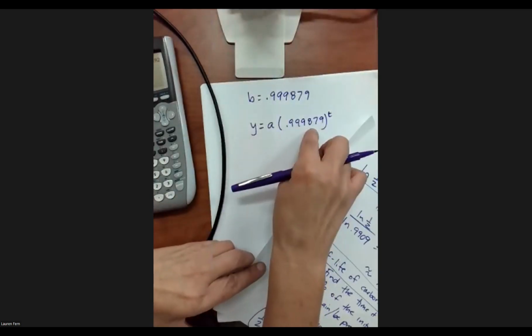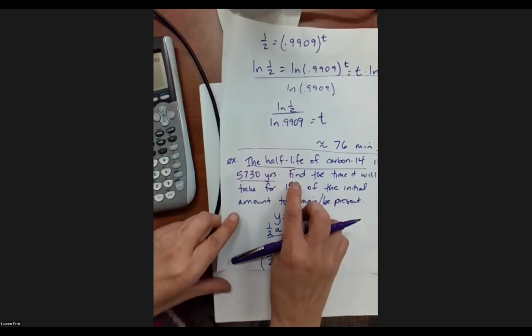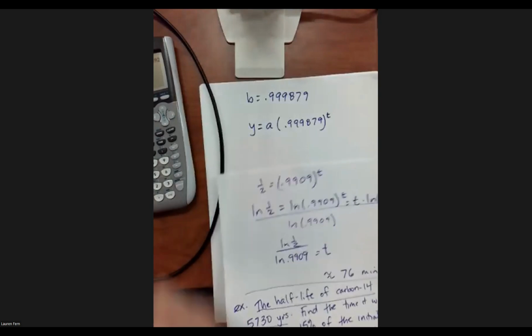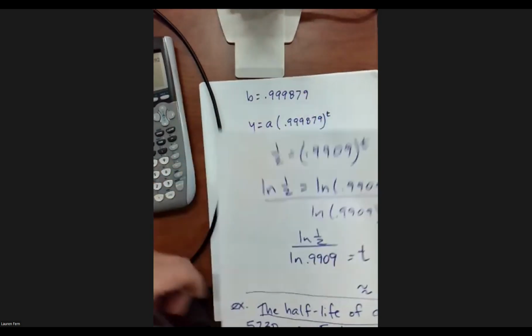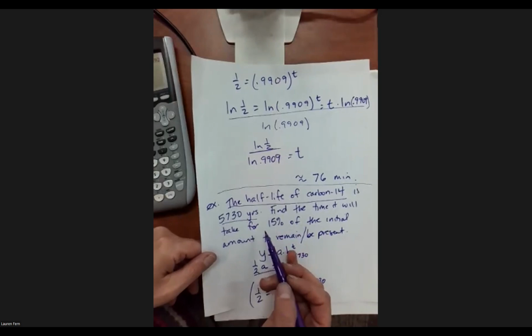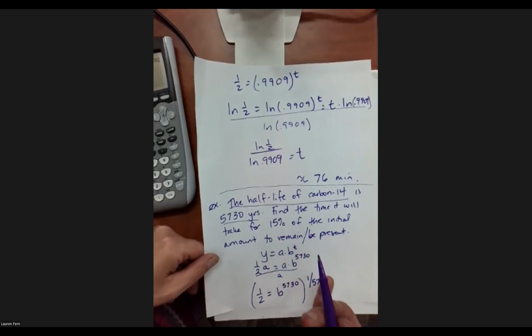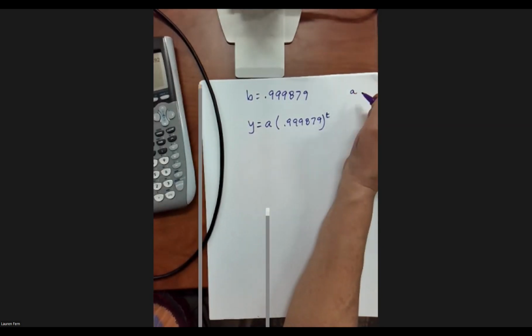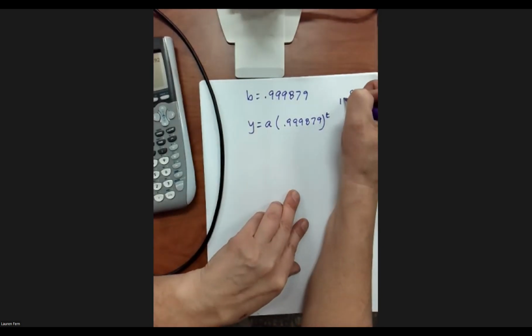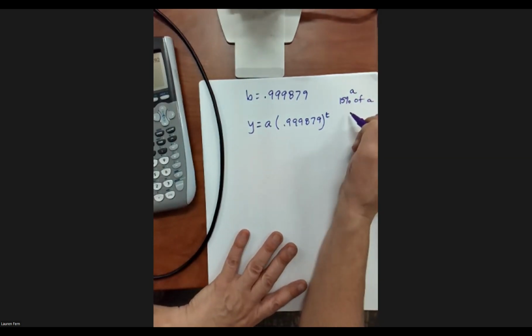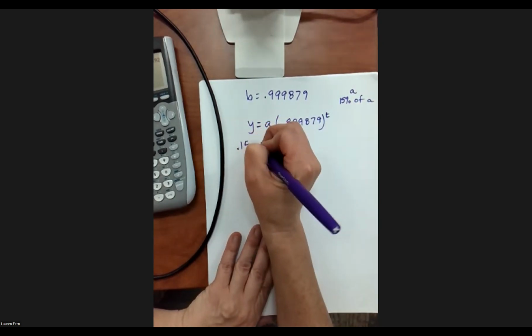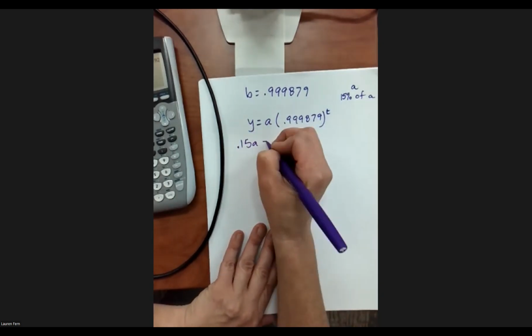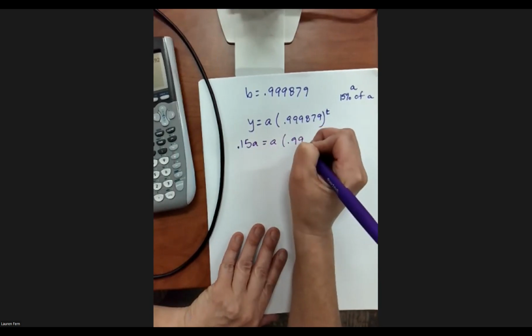But that helped us find B. But notice what our question is. We want to find the time it'll take for there to be 15% of the initial amount. So if A is my initial amount, what is 15% of A, at least mathematically? 0.15 A. Right? Of is times in math land.